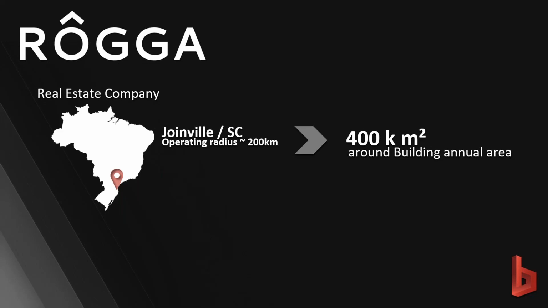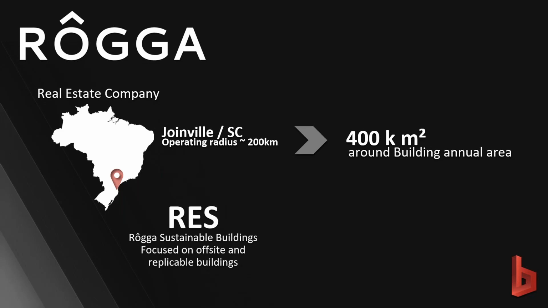Both lines are residential, but there are some differences. The first product line we call RES, Rôgga Sustainable Buildings, focused on off-site and replicable buildings. And the second product line we call Rôgga.